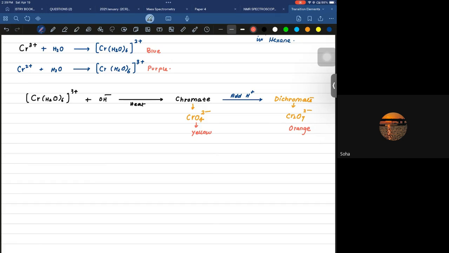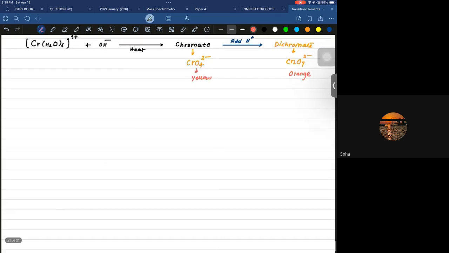Some are more stable and some are less stable. So remember, entropy and stability of complex.